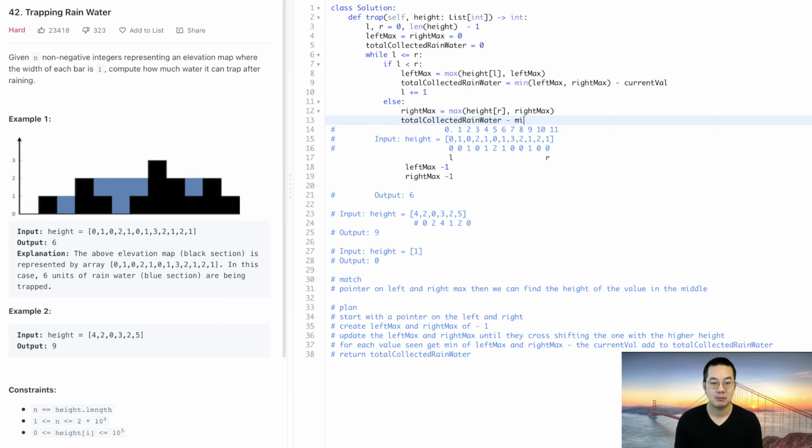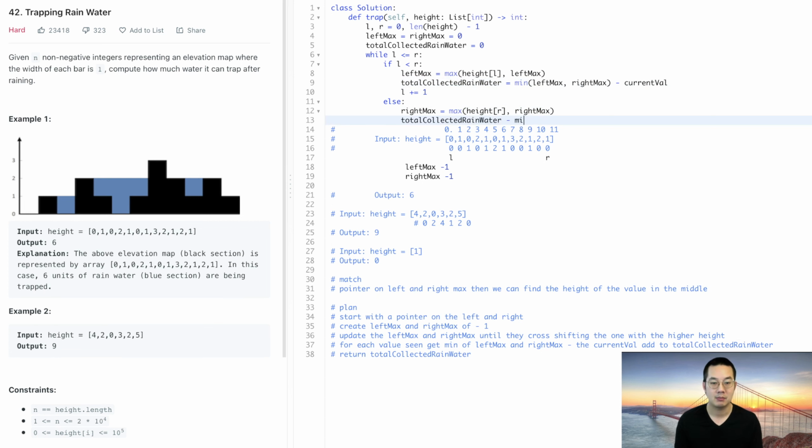What is the current value, right? Well, the current value is actually the height. Current val equals height of R, and in the left case, current val is equal to the height of L, because we're looking at the left side and right side. So this is going to give us the value at this particular point.